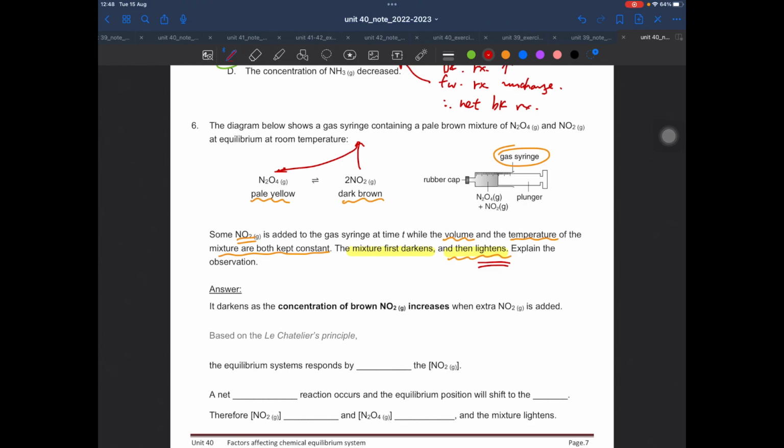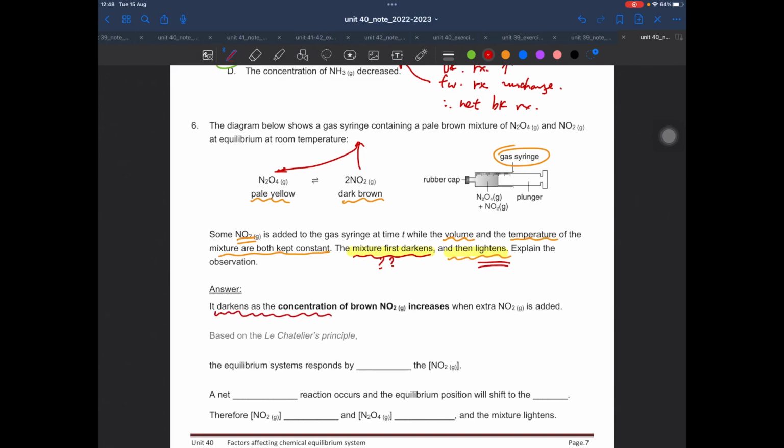But this is correct, but not the whole story, because they forget to mention that time is needed for the equilibrium to be achieved.